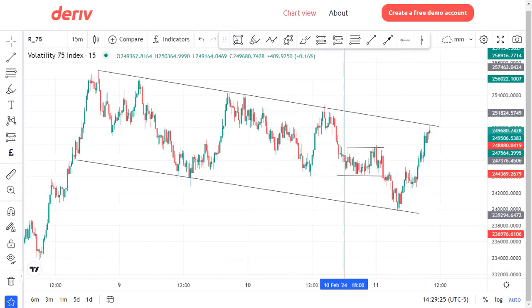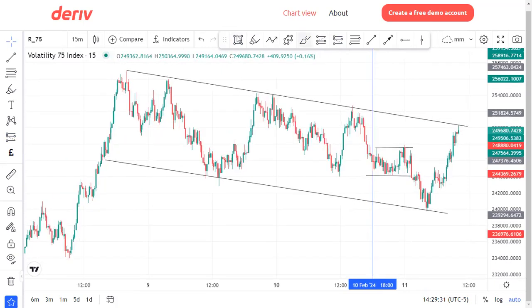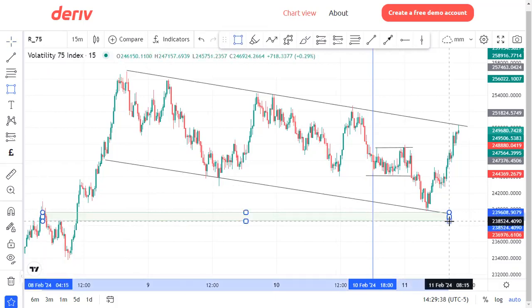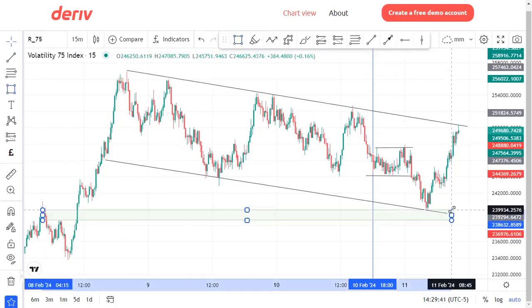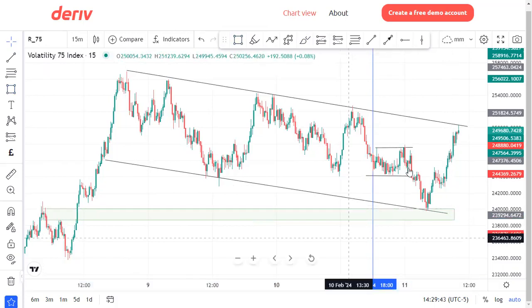But if you look at this other side of the trend line, let's move this. Look at this other side of the trend line. We have this breakup block in this area. So what did the market do?